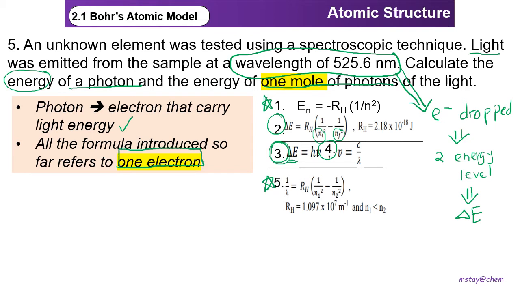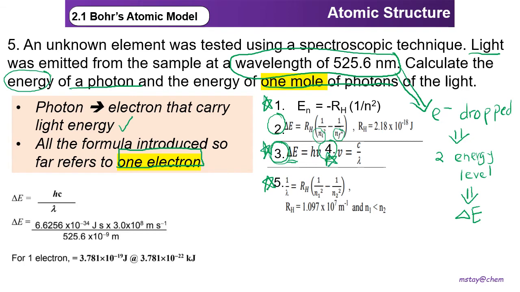Okay, so when I combine the third formula and the fourth formula, I will get delta E equal to hc over lambda. So h is the constant, c is also a constant, speed of light, and then the 525.6 nanometer will be substituted in here.